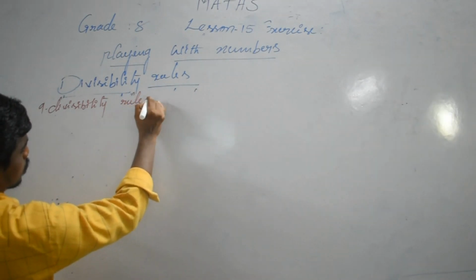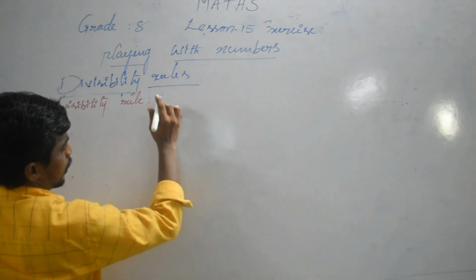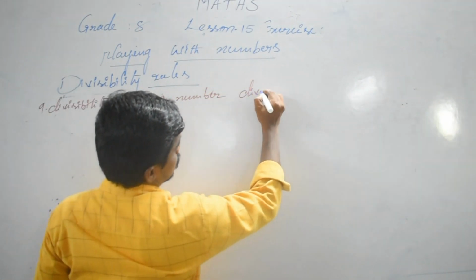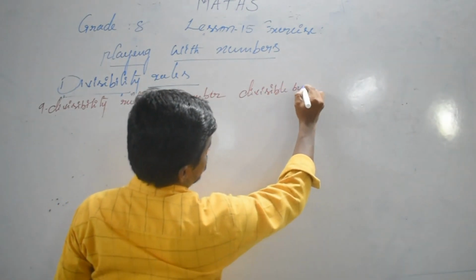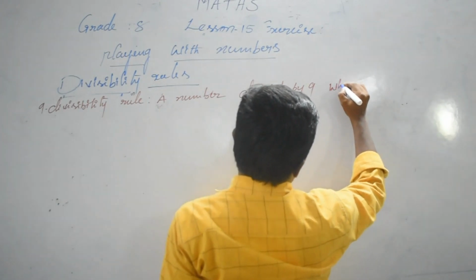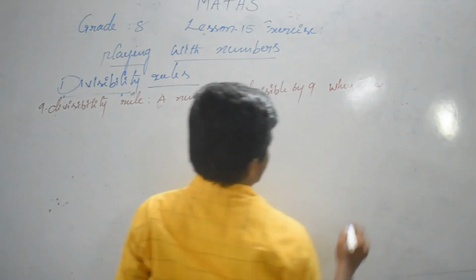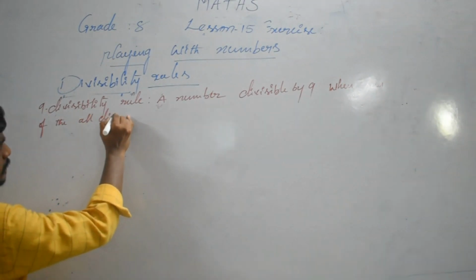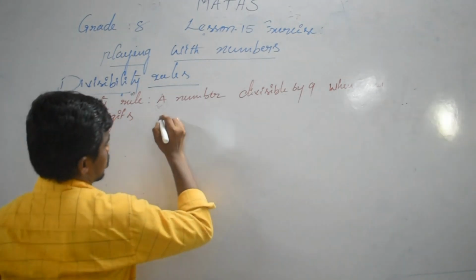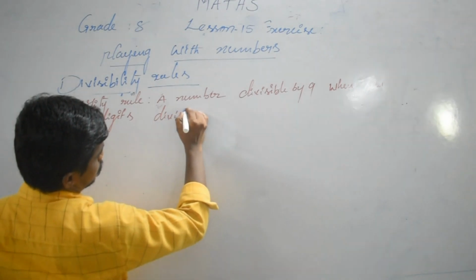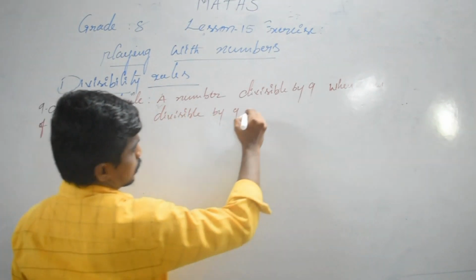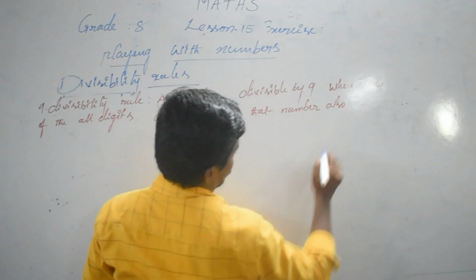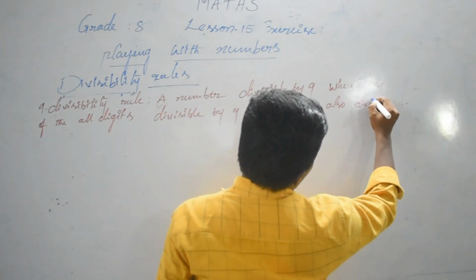A number is divisible by 9 when the sum of all digits is divisible by 9, that number is also divisible.